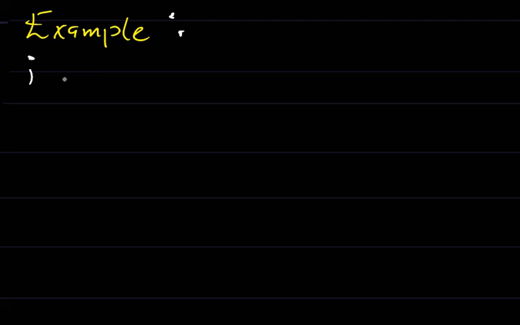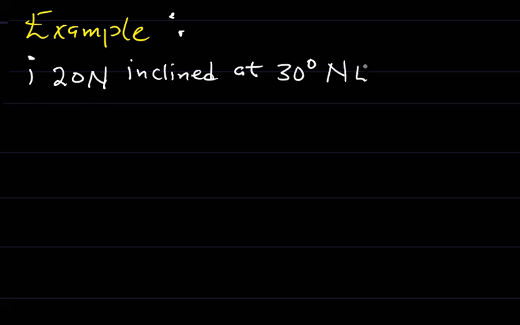We have 20 Newton acting at a point, inclined at an angle of 30 degrees north of east. The next force is 25 Newton, inclined at an angle of, towards the north.